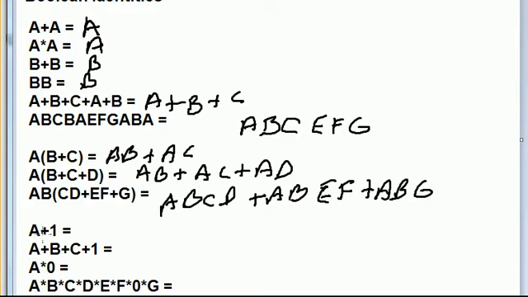Now here we have an example of what's called the law of union. Anytime you OR something with a true, with a 1, it just simply becomes true. Here you have many terms, but if any of the terms connected with the OR is a 1, it all becomes true. It doesn't matter what these are.